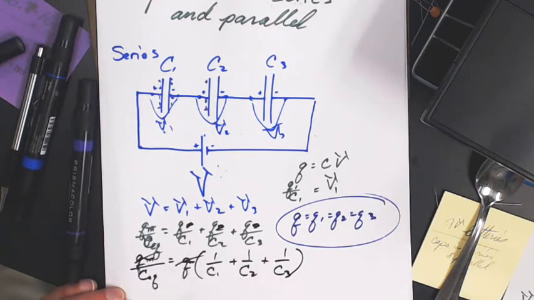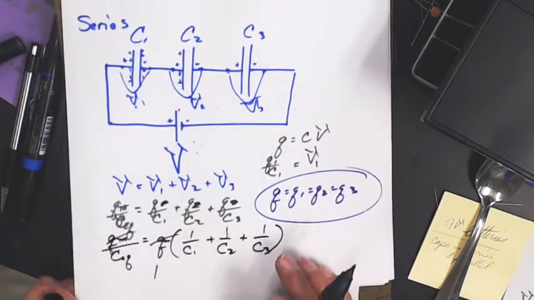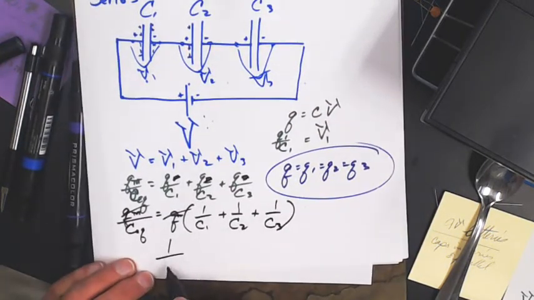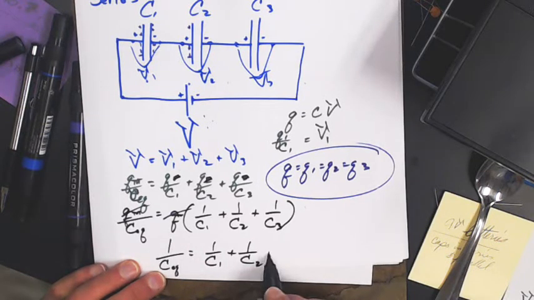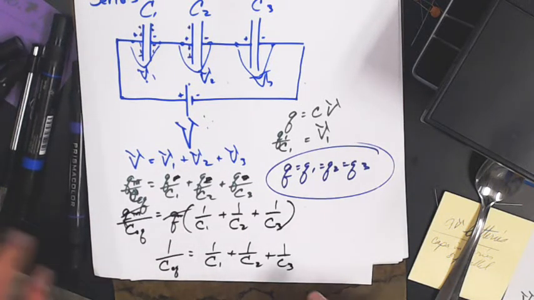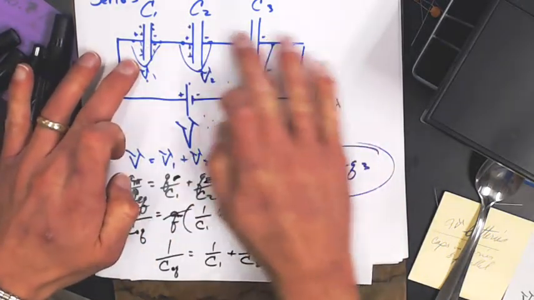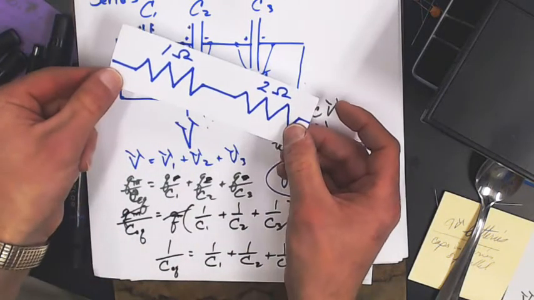The Q's go away, and you end up with 1 over the equivalent capacitance is simply the sum of the reciprocals. It's a harmonic addition. Notice this is opposite of resistors that are in series. Opposite of resistors, these are different.